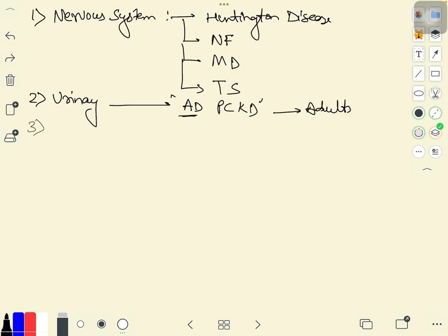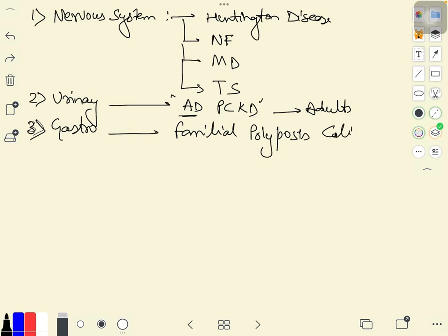The third system will be the gastro system, all those diseases which affect the gastric system. First is familial polyposis coli. Poly means many, and polyposis coli means different types of polyps form in the colon. I'll talk about it later.